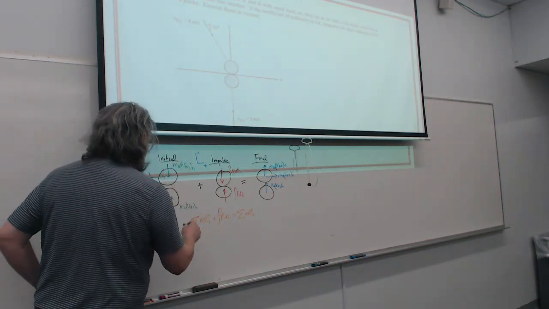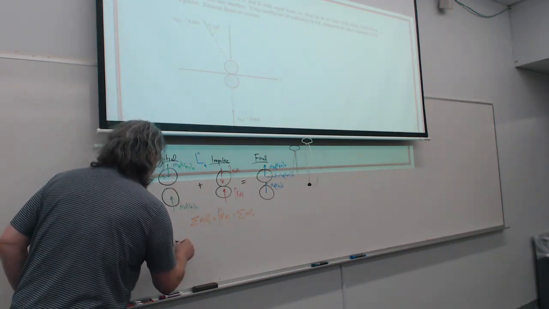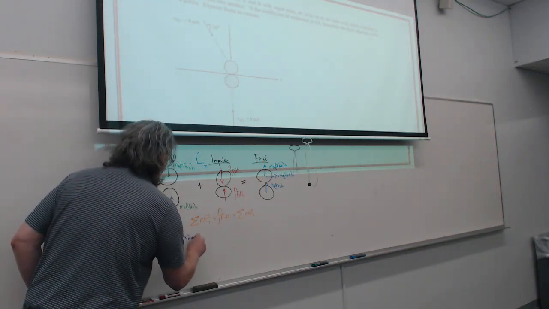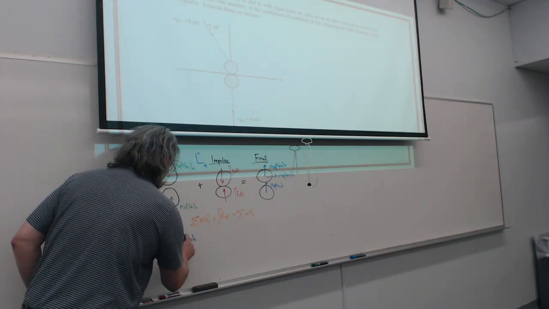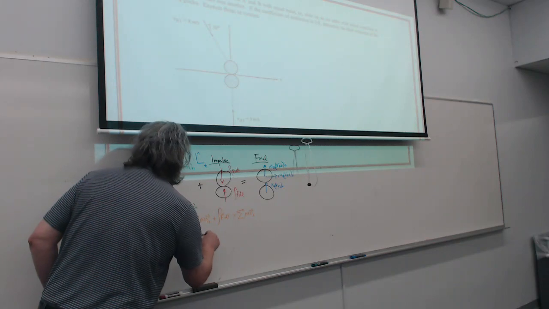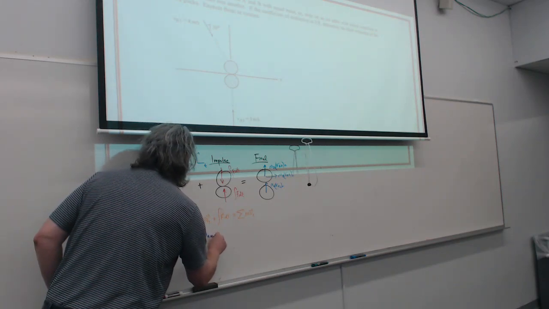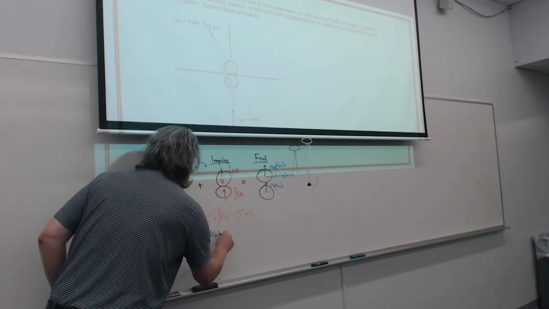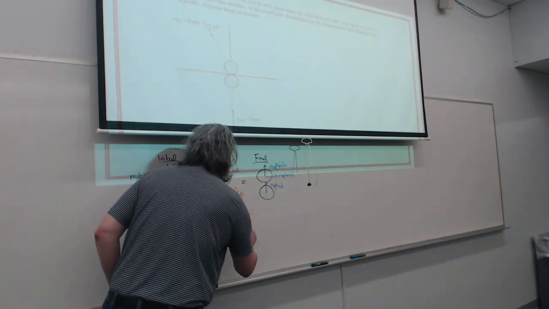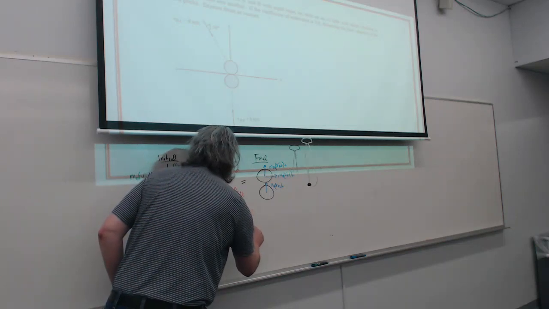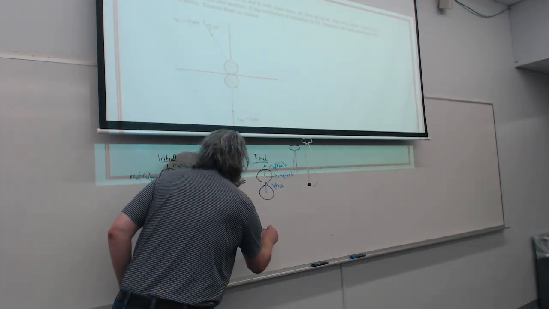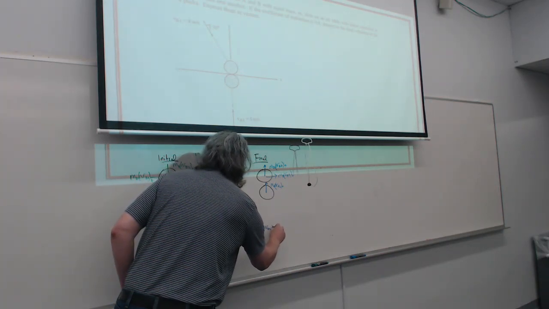And so, we decided, look, this could be a negative MB VB1 normal plus MA VA1 normal equal to MB VB2 normal plus MA VA2 normal.